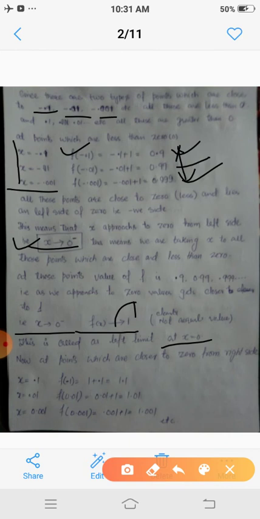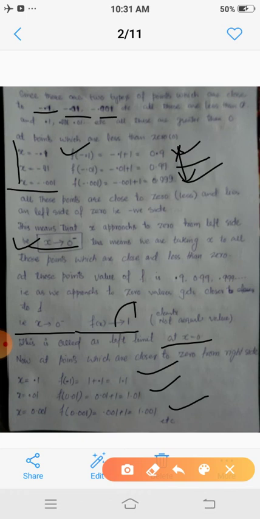Now consider all the points which are closer to 0 from the right side, those points which are slightly greater than 0, and there are infinitely many points greater than 0, like 0.1, 0.01, 0.001, 0.0001. At these points the value is 1.1, 1.01, 1.001, and so on.